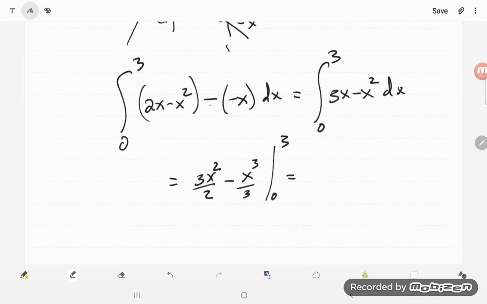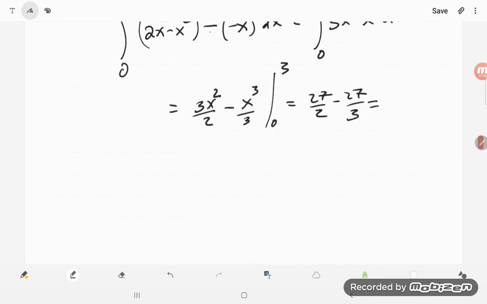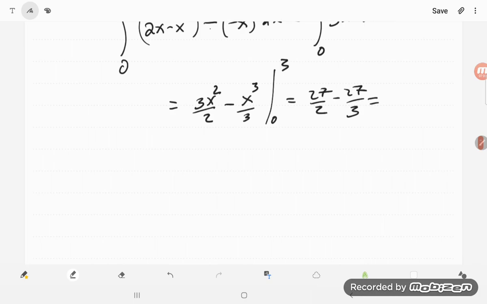But now I'll get 3 times 3 squared, which is 3 cubed, or 27, over 2 minus 27 over 3. And the 27 over 3 is just 9. So I can write that as 27 over 2 minus 18 over 2, which is 9 over 2. So hopefully we get 9 over 2 when we check this.